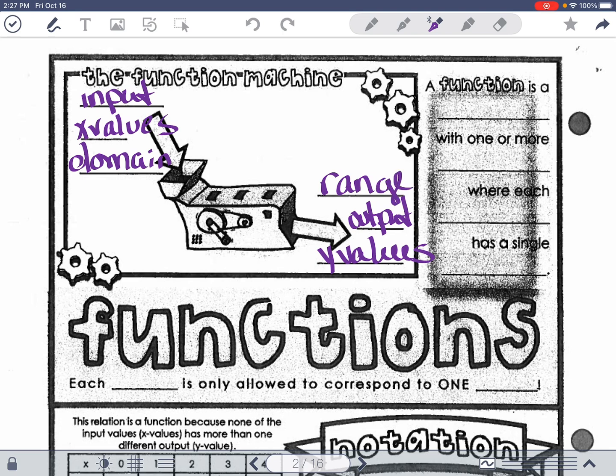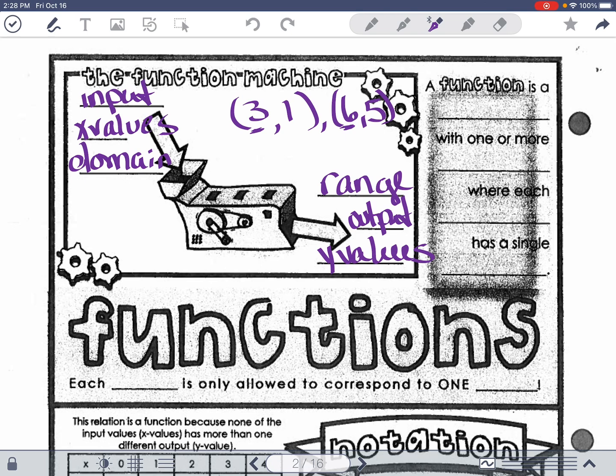An ordered pair is a function. Another ordered pair that doesn't have the same x value is a function as well. A function is a rule, a rule with just one input and one output.